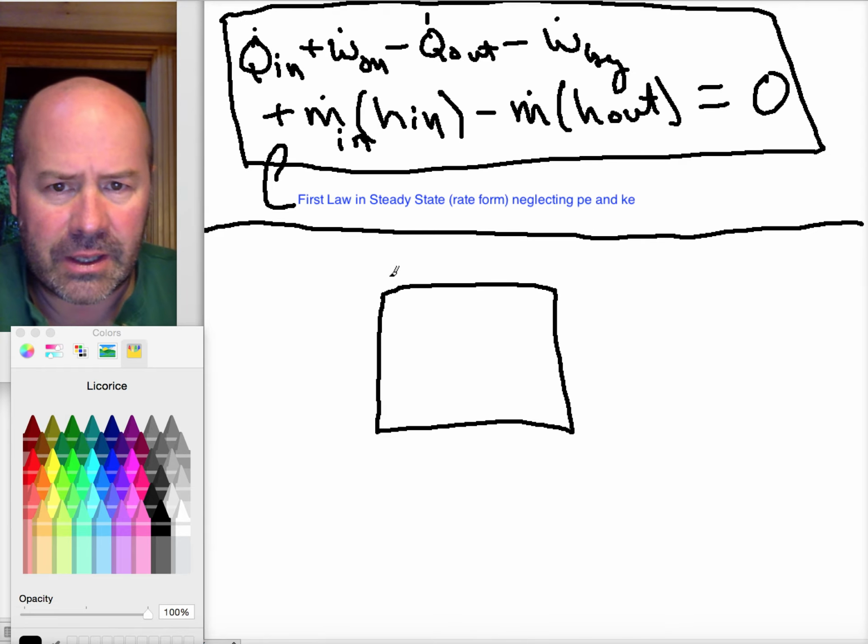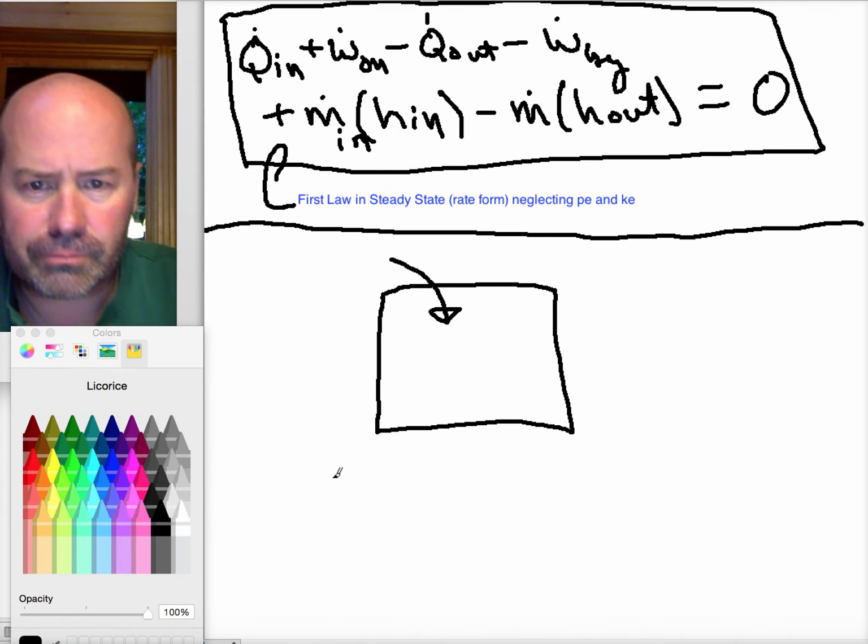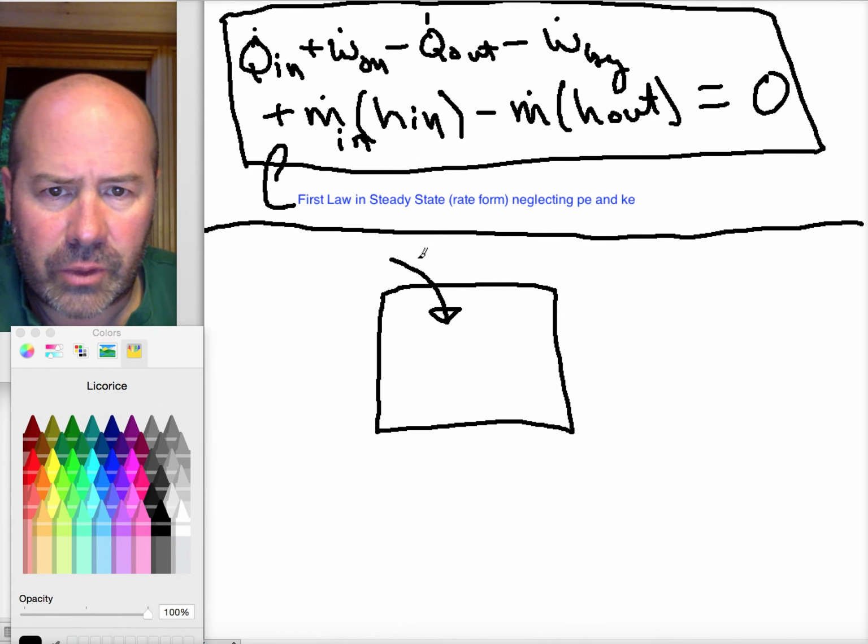And in my condenser, I bring in some steam. So we have mass flow rate, steam.